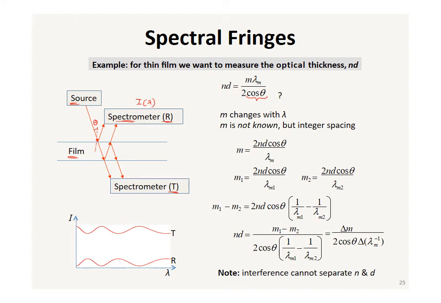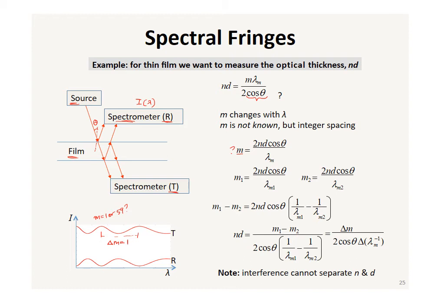The thing with doing spectral measurements is we can't access the entire spectral range, and these maxima don't come labelled. They don't have a sign above them that says m is equal to 1 or 59 or whatever. We don't know what order we have, so m itself is unknown. What we do know is that between two successive maxima or minima, the difference in the order, Δm, has to be 1.